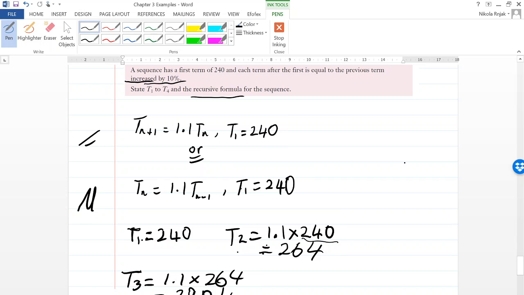And then term 4 is going to be equal to 1.1 times 290.4, which is equal to 319.44.